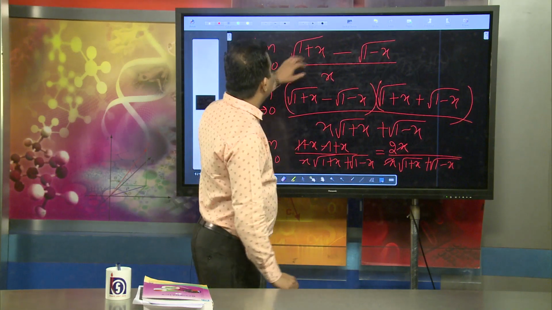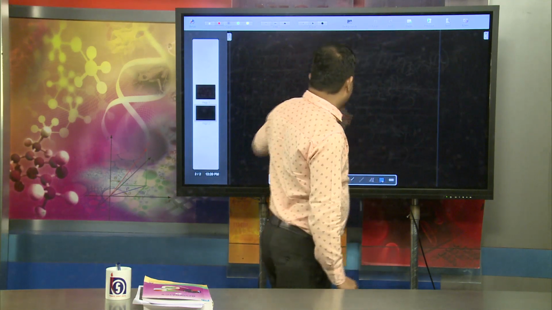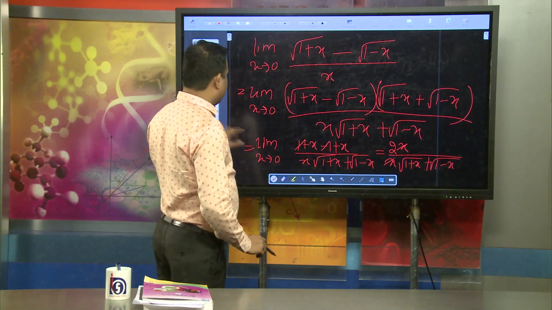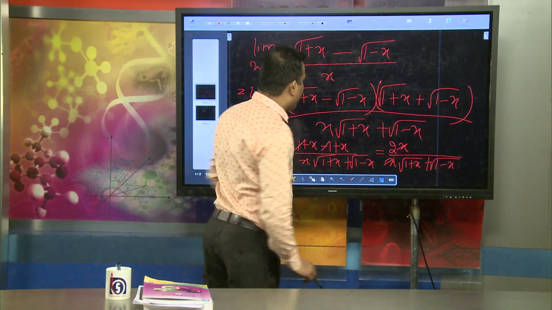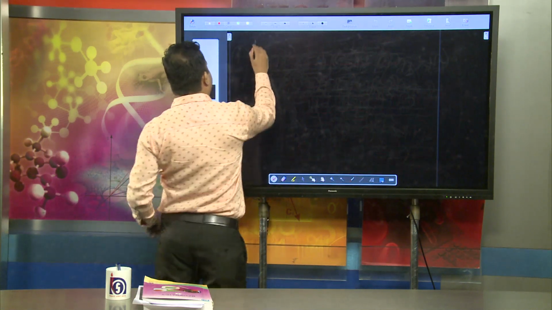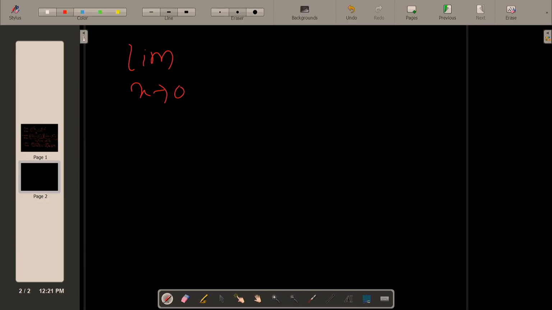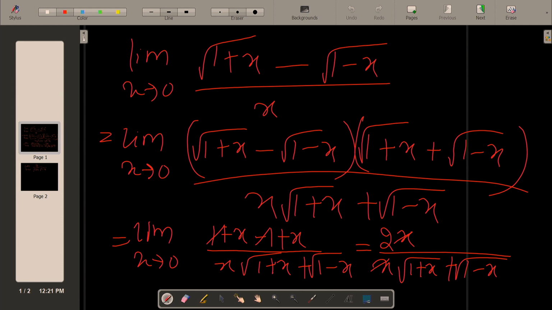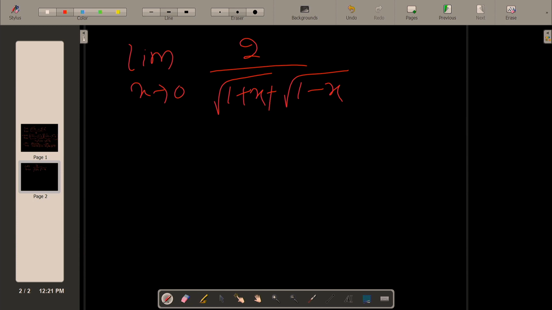So, very simply, you will get limit x tends to 0, x is already cancelled, 2 by square root of 1 plus x plus square root of 1 minus x. So in place of x we put the value 0.